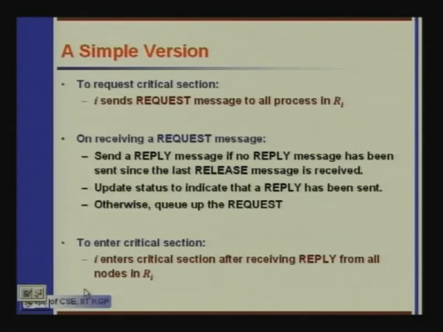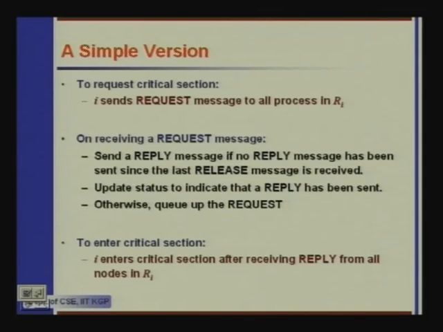Then the algorithm works in the following way. To request the critical section, the process sends request messages to all processes in Ri, and on receiving a request message, a process sends a reply message if no reply message has been sent since the last release message was received.